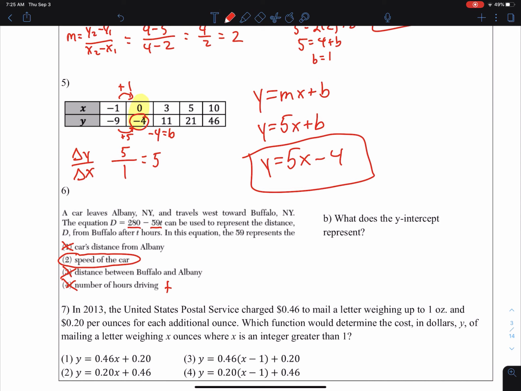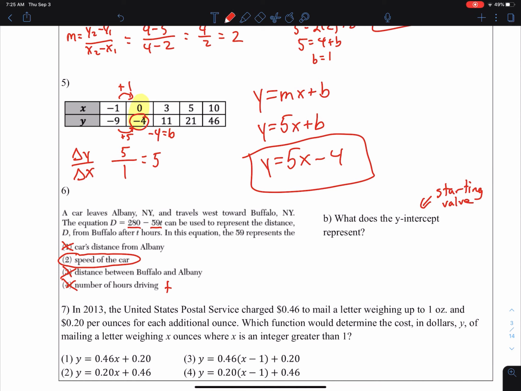And what does the y-intercept represent? Well, the y-intercept, you can also think about it as the starting point or starting value. So that is, we're starting in Albany and we want to go to Buffalo.